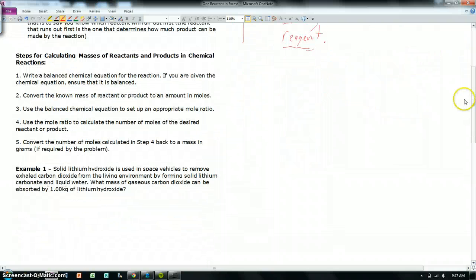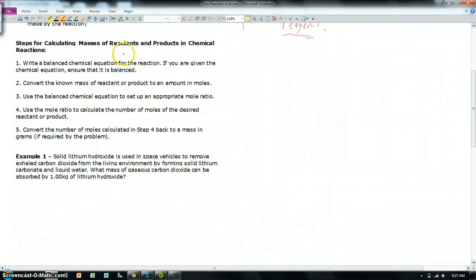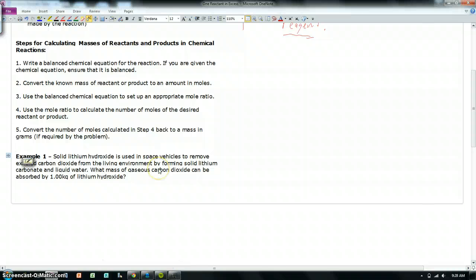So in doing this type of reaction, we need to be able to write a balanced chemical equation, okay, convert the known mass of the reactant or product to an amount in moles, use the balanced chemical equation to determine the ratio of products we have compared to our reactants.